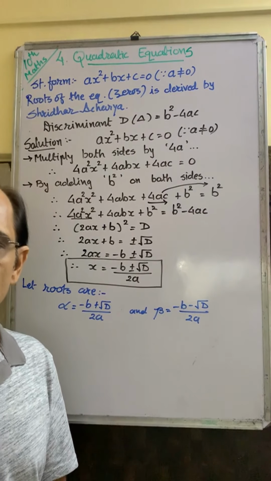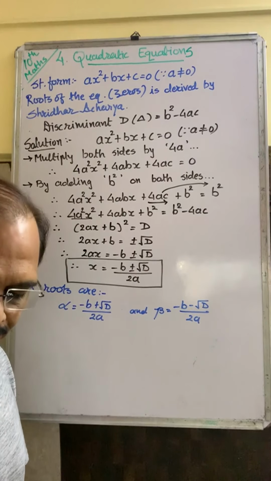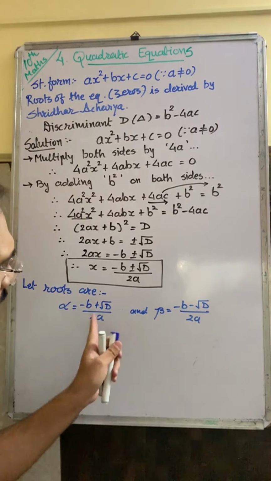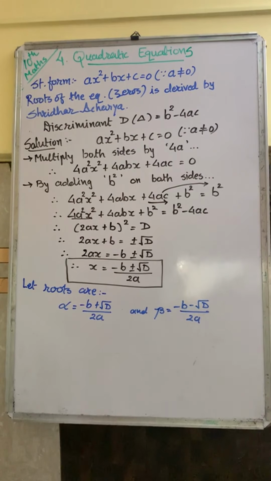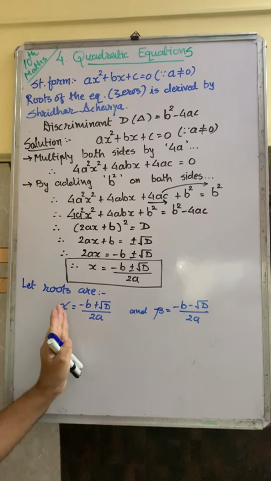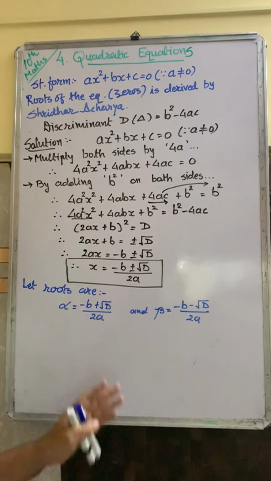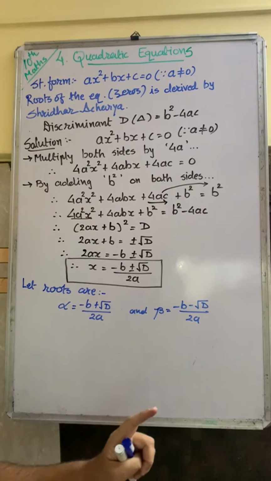Is it okay? Now again, remember this thing, you can take a snapshot of this also. I am going to rub it. See, after that, what is the sum of roots? What is the product of roots? Sum of roots means alpha plus beta. Product of roots means alpha into beta. See what happens.